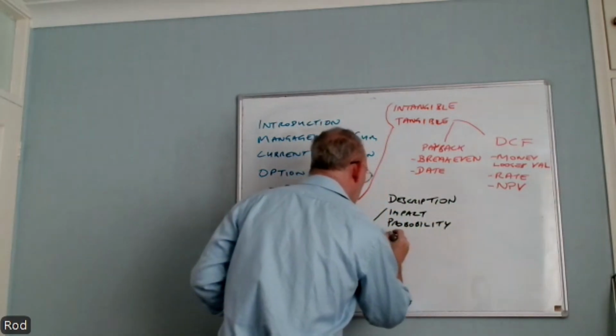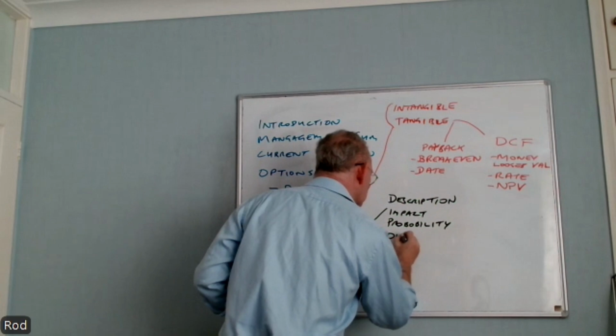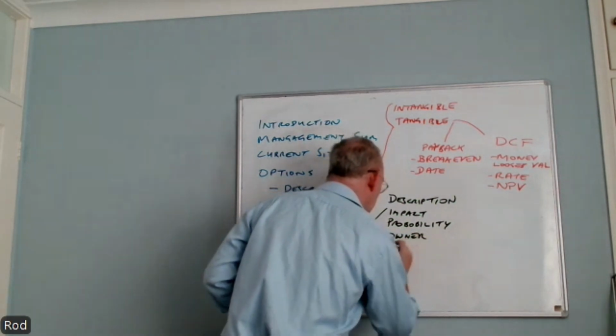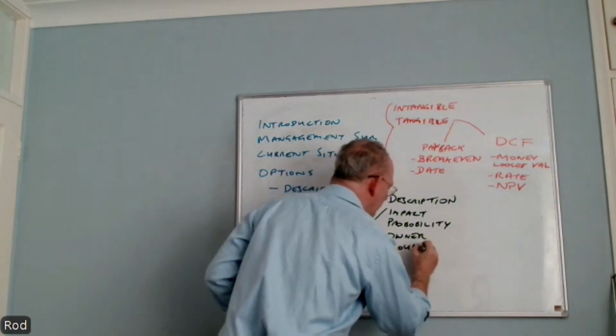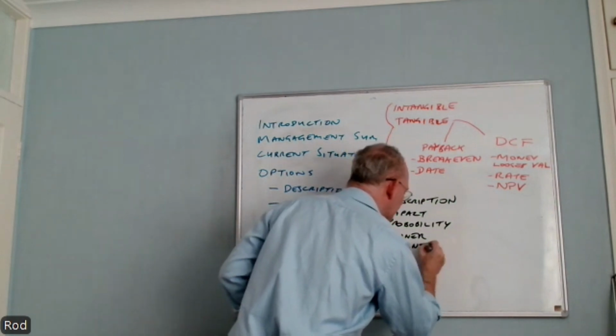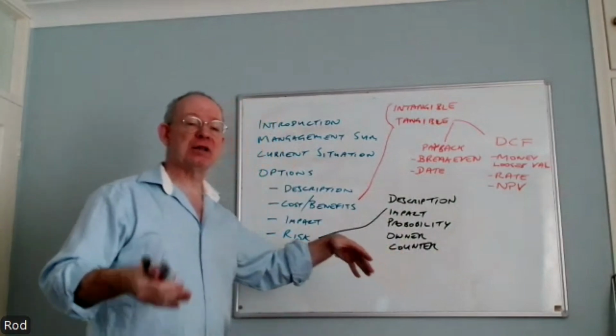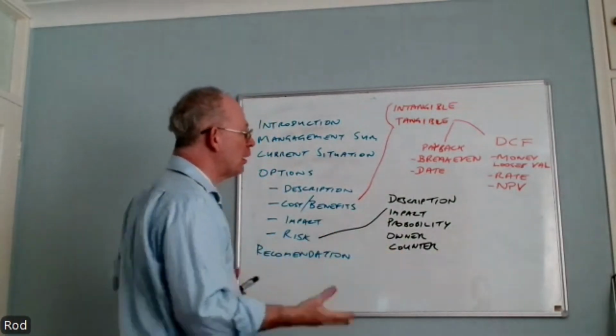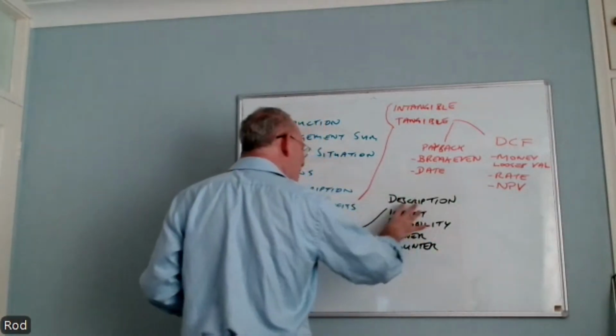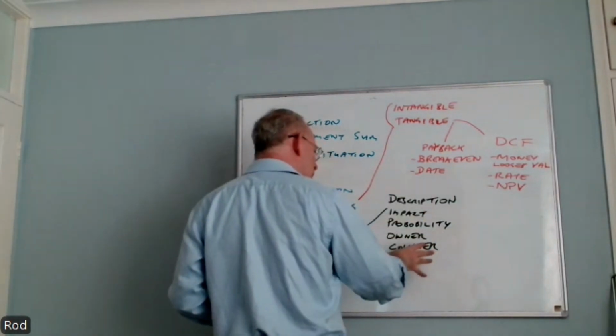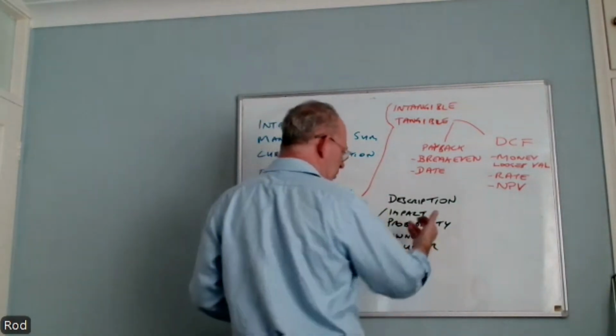We need an owner and a countermeasure, which could be something like accept, avoid, mitigate, transfer. Every one of our risks will have this sort of information, or the major risks.